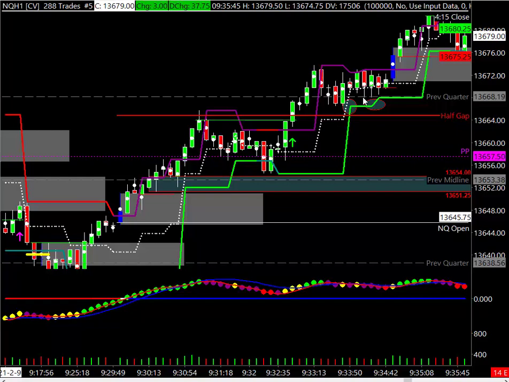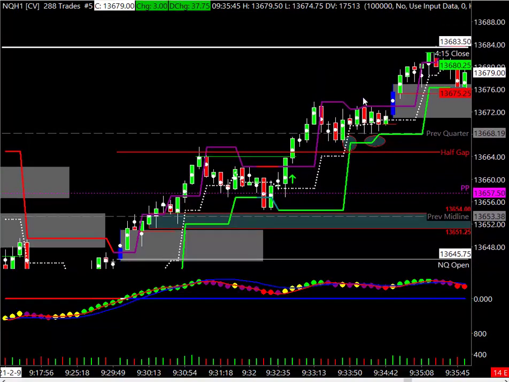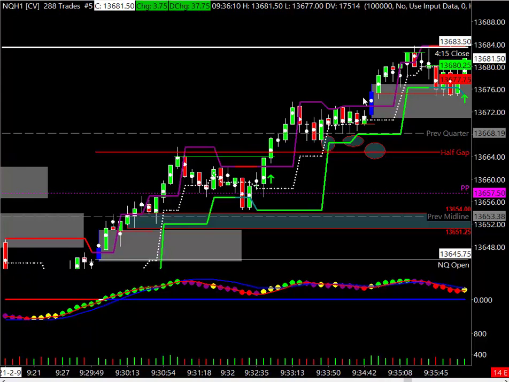We can see we've got another higher low here. So we know at that point, obviously, we're on top of the half gap number. We're trying to get on up for the next full 415 close gap here.